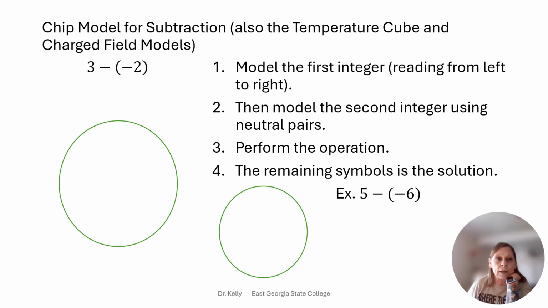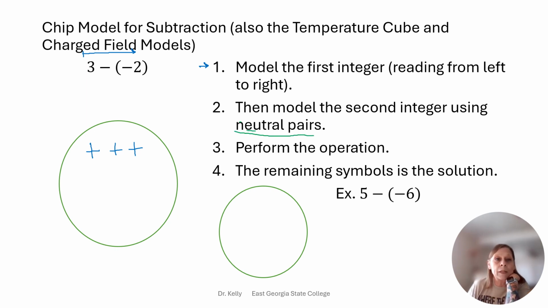I couldn't find it. Okay, so the first thing it says for us to do is model the first integer. And you know, we read our problems here from left to right. So the first integer is 3. So I'm going to put in 3 positive 3's. Okay, and then the next thing it says to do is to model the second integer using neutral pairs.